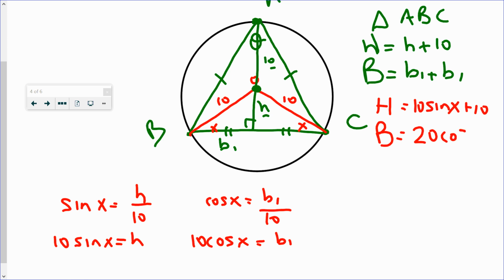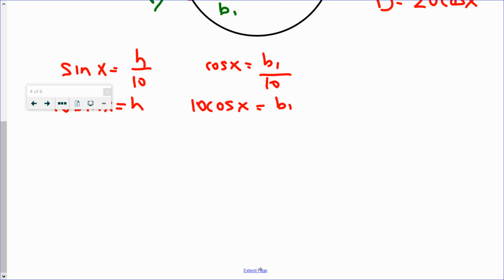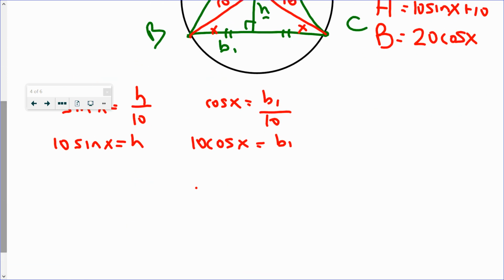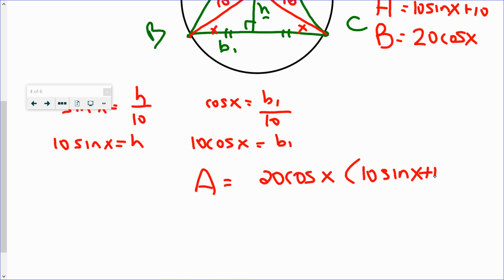Okay, so I want to find maximum area, so now that I have the base and the height, let's do our area. So area is equal to base times height divided by 2.